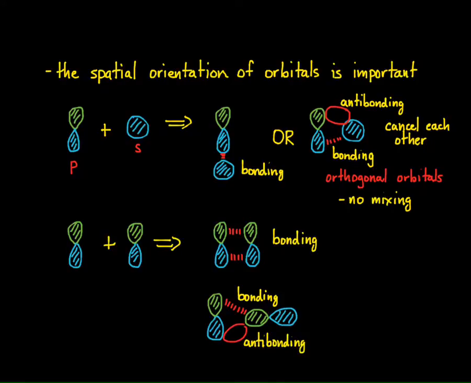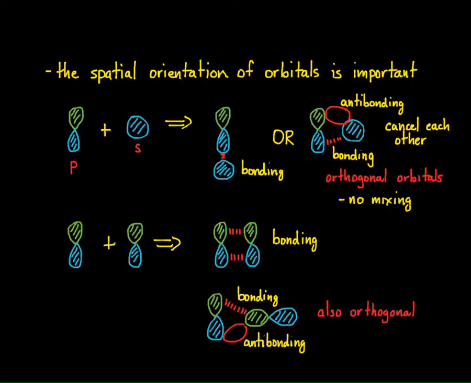And therefore, since I have both interactions, this is also an example of orthogonal orbitals, right? These are orthogonal orbitals. And so we have to understand how spatially two atomic or molecular orbitals come together, and that there are limitations to the orientation of those orbitals.